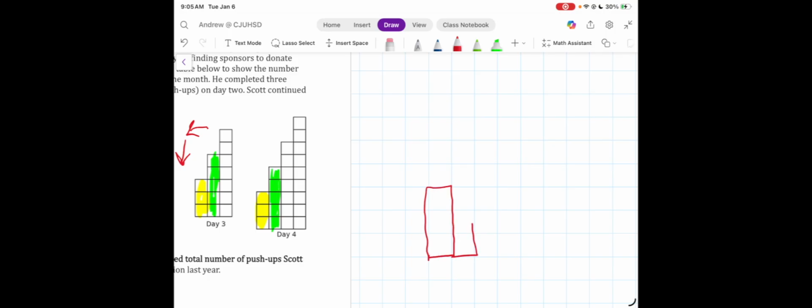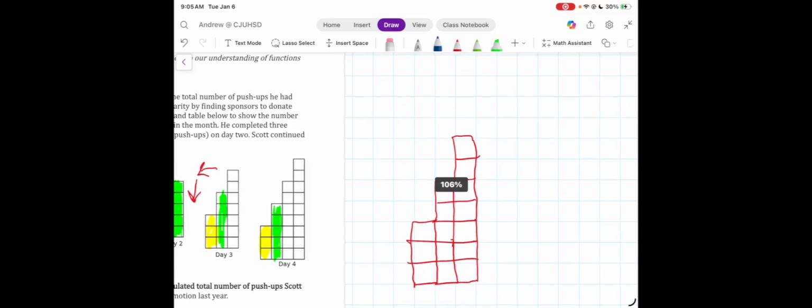Then we're going to have 5, because we added 2 more. And then we'll have 7. Okay, now I'm going to take a copy of that and rotate it and place it on top.